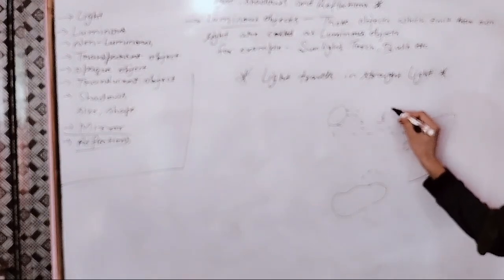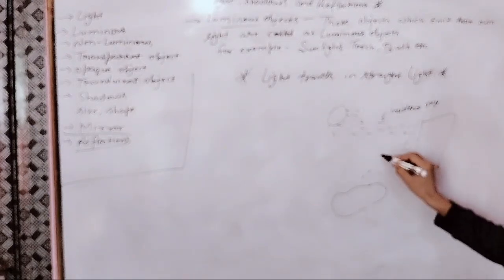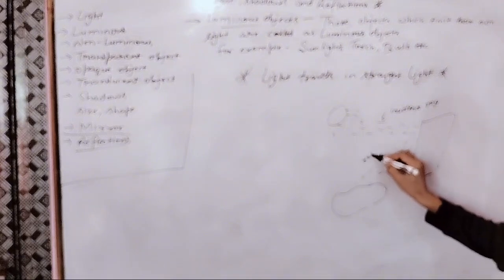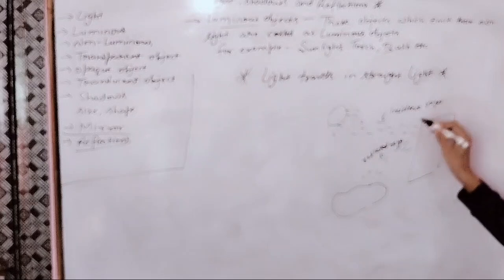This is the incident ray, and this is the reflected ray. So here we will write rays, not a ray, because we have a lot of rays. That's why we are writing rays here. And also we can say beam in place of rays.